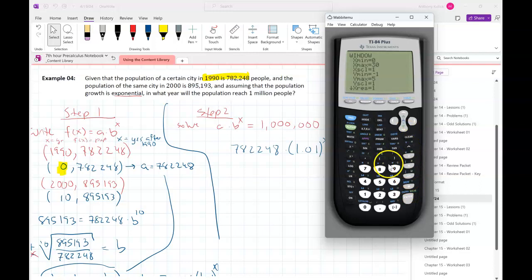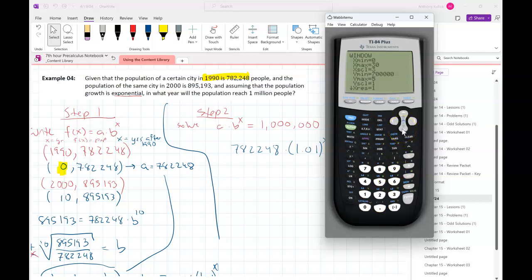Now the Y's represent the population. What's the smallest population I'm concerned with? The 782,248, that's the initial population. I know if it's growing, it's never going to get smaller than that, but I'm too lazy to type all those numbers in by hand, so I'm just going to type in 700,000.